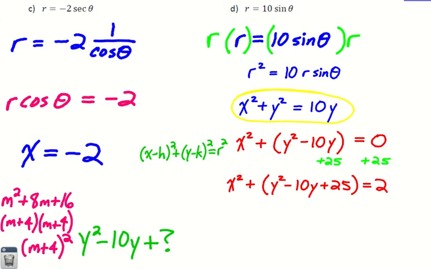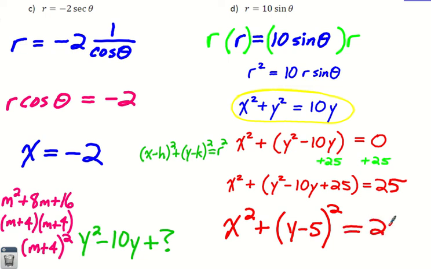As a final answer we get x squared, and now that there's a 25 in there, it will unfoil into y minus 5 times y minus 5. In other words, y minus 5 squared. And there should be a 25 on the other side, so equals 25.